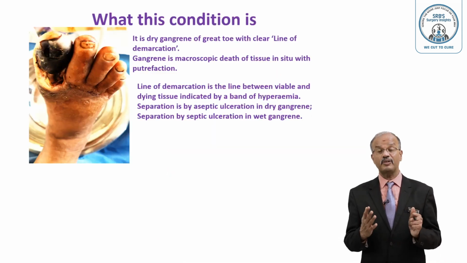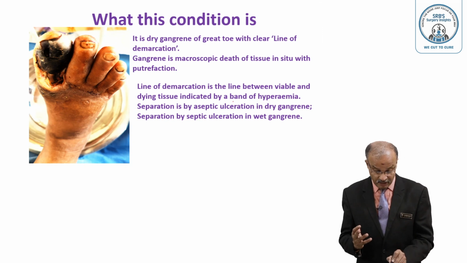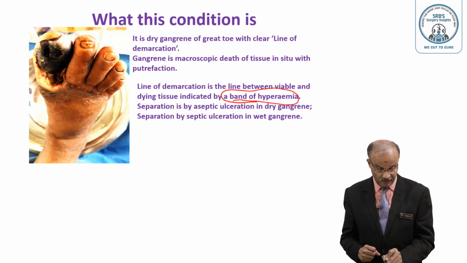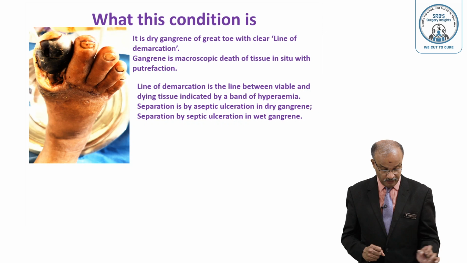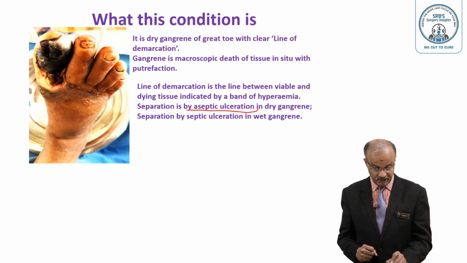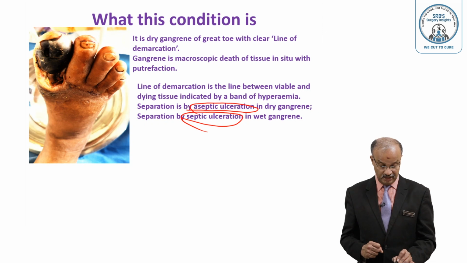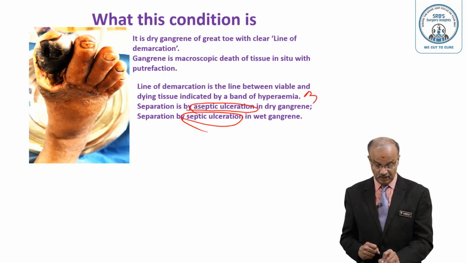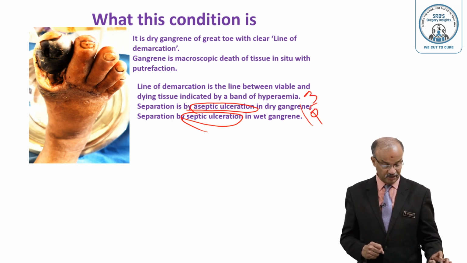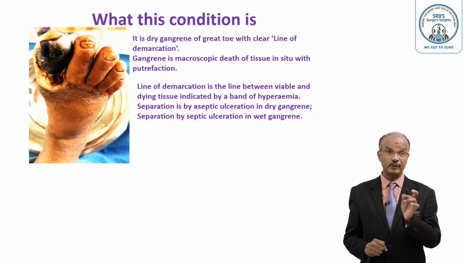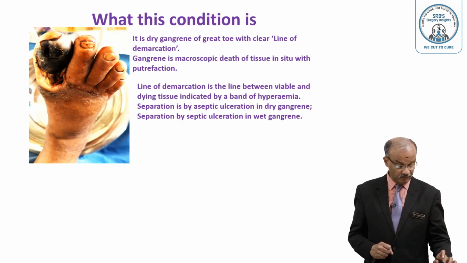Line of demarcation I have told. There is a band of hyperemia, that is important. It's an MCQ question. Now this separation is aseptic ulceration in dry gangrene, septic ulceration and septic separation in wet gangrene. So this is again an MCQ question, remember.